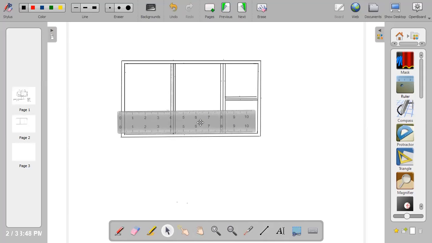Now when drawing at home, make sure you have more than 1 point, so that you'll be able to get a perfect straight line. Okay, I'll join it together.